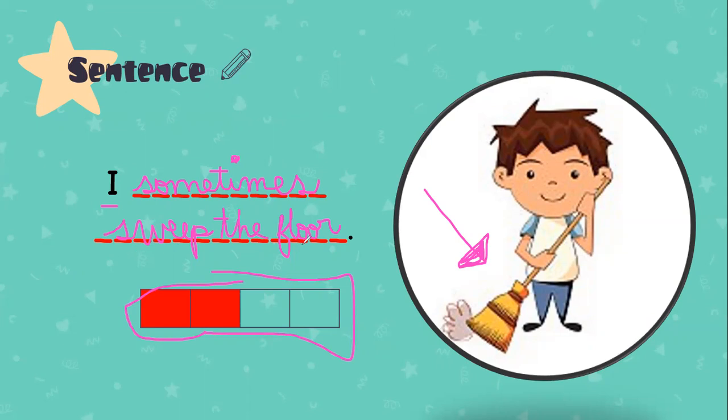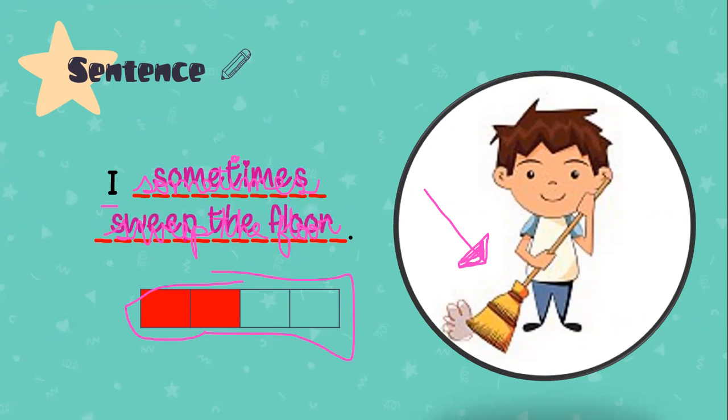I sometimes sweep the floor. Let's check if our answer is correct. I sometimes, that's right, sweep the floor. Let me delay this part to see. I sometimes sweep the floor. That's right, good.